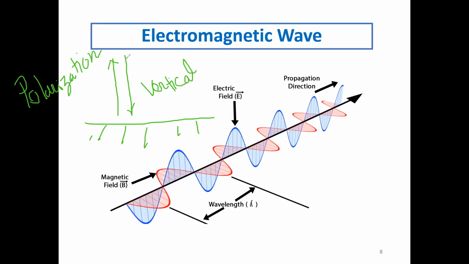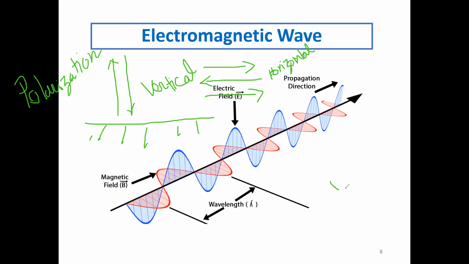And if it moves horizontally with the Earth surface, then that is horizontal polarization. If it moves circularly, that is circular polarization.